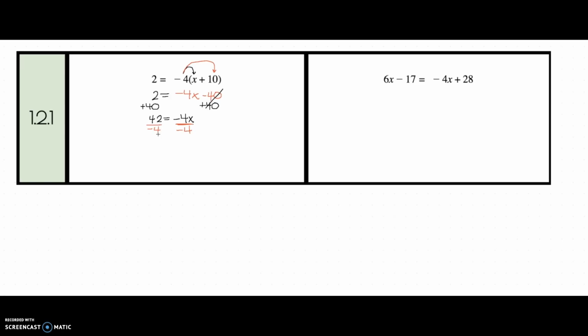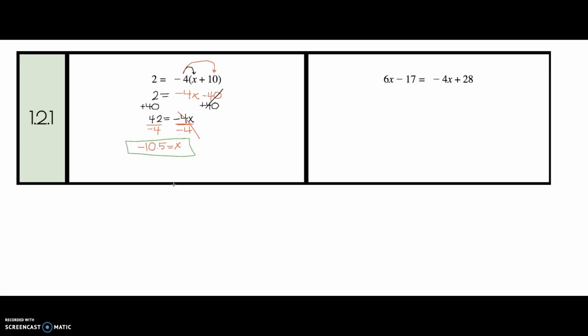If I do 42 divided by -4, I get -10.5. Those 2 cancel, and I'm just left with x. And this is my answer.